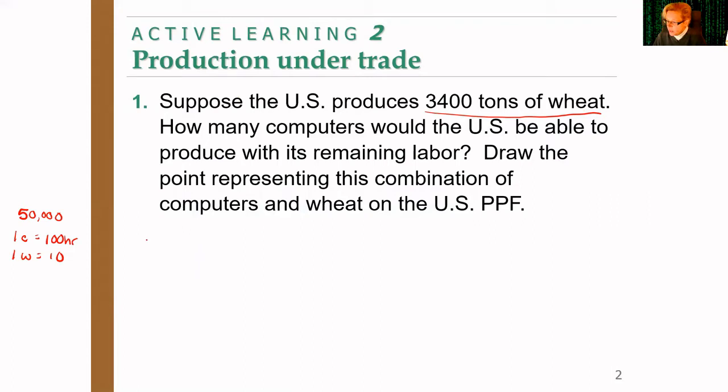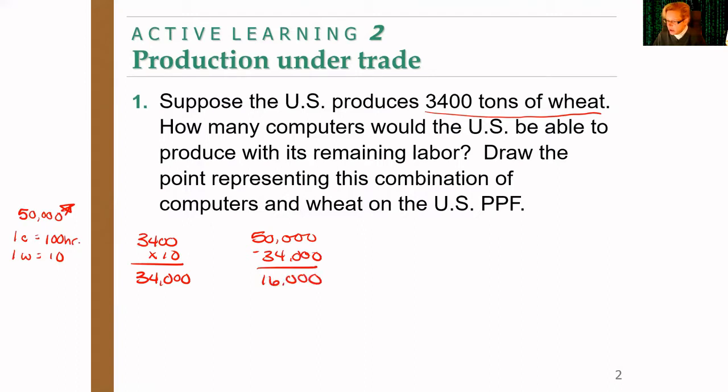So at this point, what we want to do is say, okay, we have 50,000 labor hours. But if we're producing 3,400 tons of wheat, and it takes 10 hours to produce wheat, that's 34,000 labor hours that we've used. If we have 50,000 that we can allocate, and we subtract 34,000, we end up with 16,000.